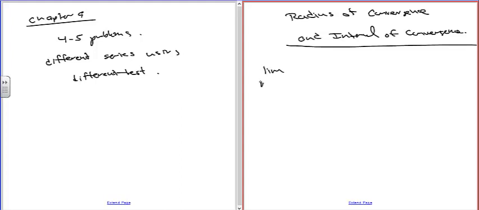You take the limit as n goes to infinity of the absolute value of u sub n plus 1 over u sub n, and we see where that is less than 1. This typically allows us to figure out the interval of convergence except the endpoints. So we use the ratio test. If there's an alternating series, then the absolute value gets rid of that, so we don't have to worry about the alternating series.